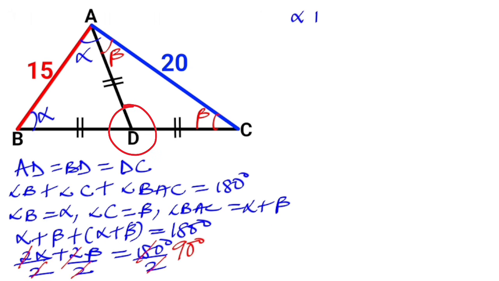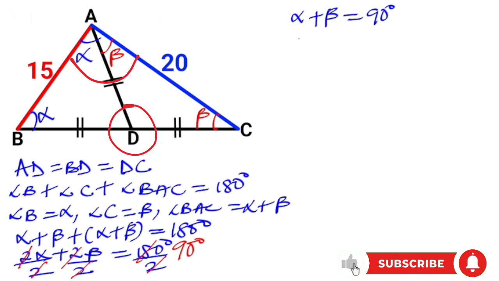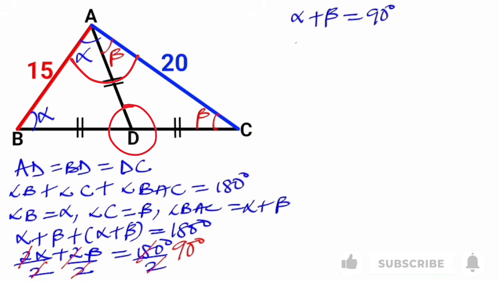This shows that alpha plus beta must equal 90 degrees. Since angle BAC is made of alpha plus beta, we have just proven that angle BAC is equal to 90 degrees. So, triangle ABC is actually a right-angled triangle, with its right angle at vertex A.